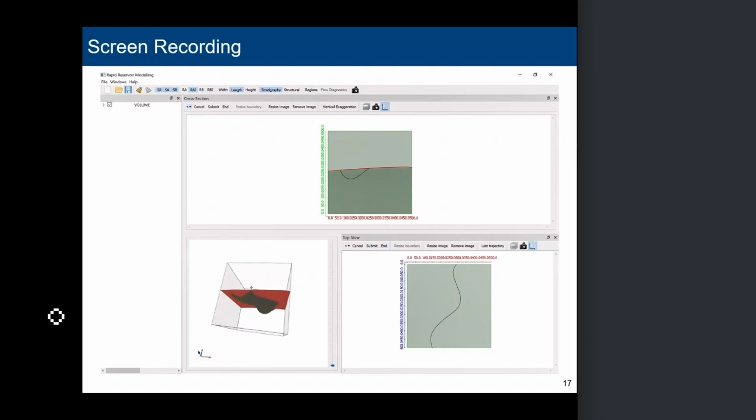And in map view, we're showing that we've traced a sinuous trajectory for that channel. We're now going to select this area here and draw a second channel, cut down at the same level. Sketch a different trajectory here on the right, and then that's all there in the 3D view.